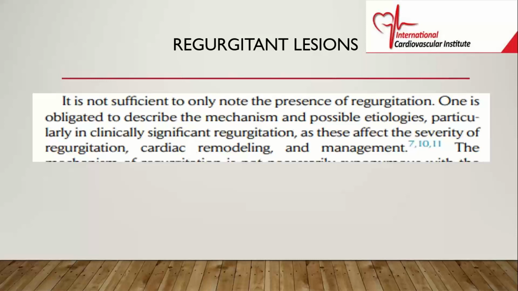You can get away with it with mild regurgitation, but if we're talking about moderate and severe regurgitation, you should at least describe the mechanism, and if you can, talk about the etiology. So we're going to try and see if we can elucidate some of these mechanisms.